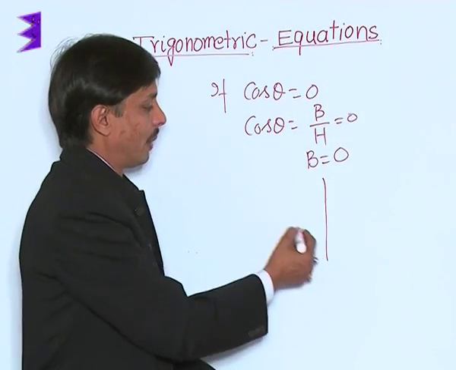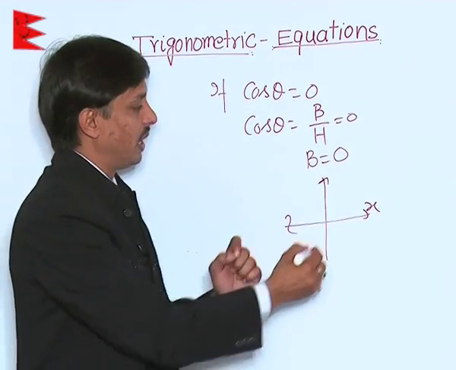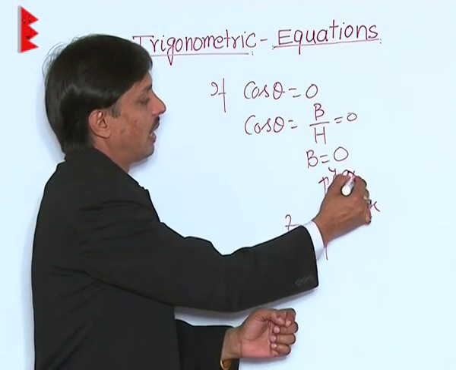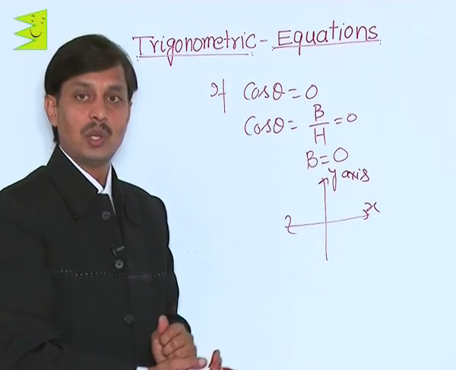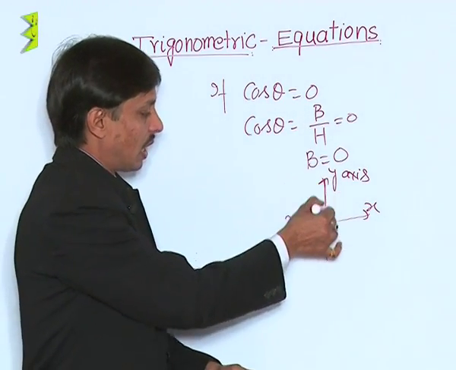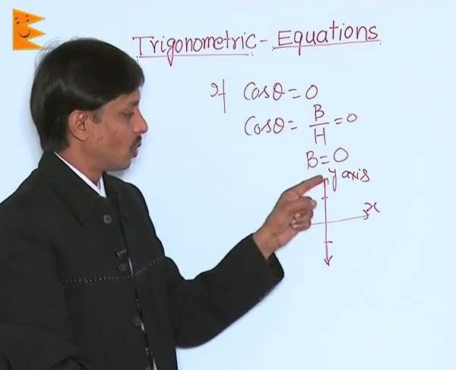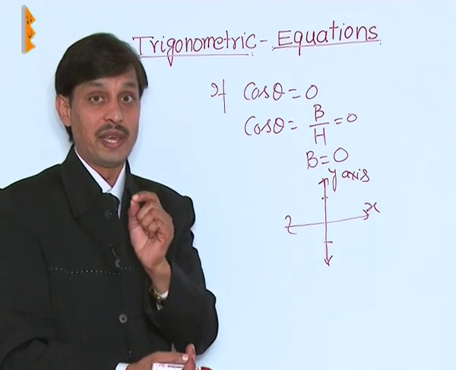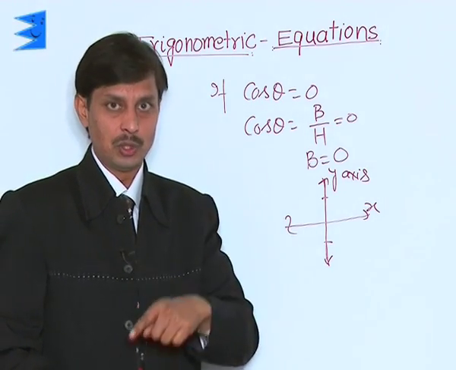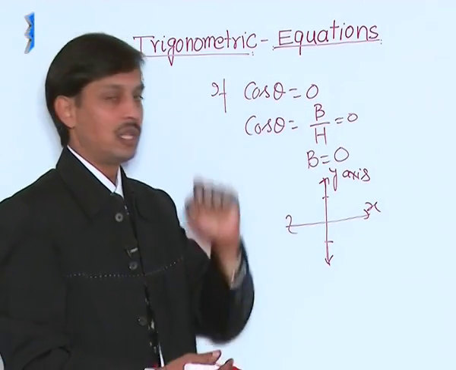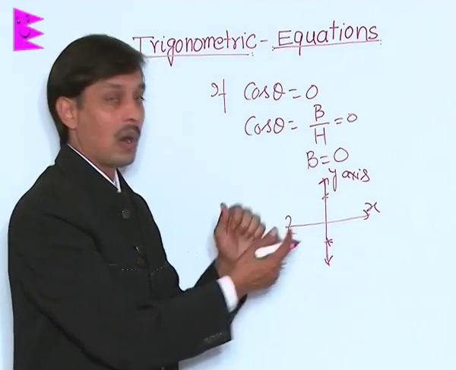You know, in the two-dimension system, we take the x-axis as base and the y-axis as the perpendicular. Here the base is 0, meaning we are putting all angles on the y-axis, because on the y-axis x is 0. X is 0 means base is 0. Base is 0 means cos theta is 0. Cos theta is 0 is possible on the y-axis.